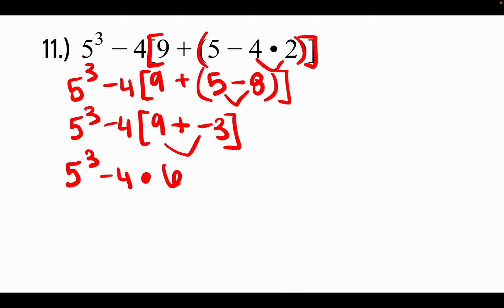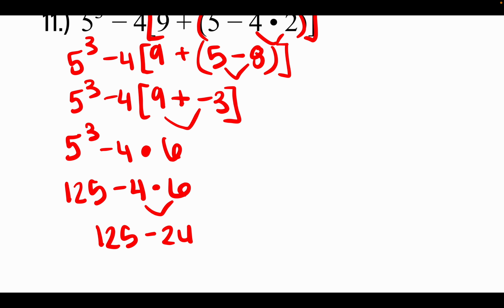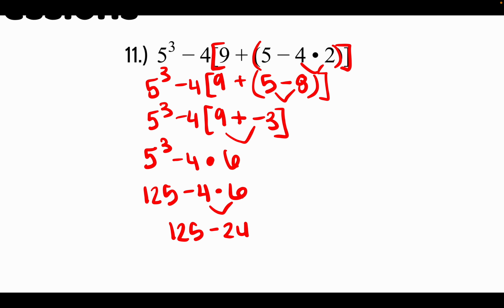Okay, next, we got rid of all of our grouping symbols. Now we can move on to the exponents. So 5 cubed is 125 minus 4 times 6. Now we'll do our multiplication. 125 minus 24. 125 minus 24 is 101.